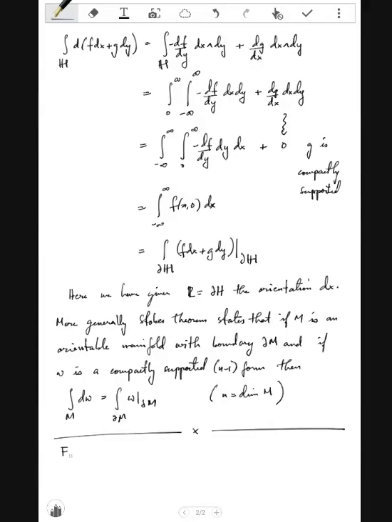So first, let us set up some notation. Let Hn be the n-dimensional upper half space.